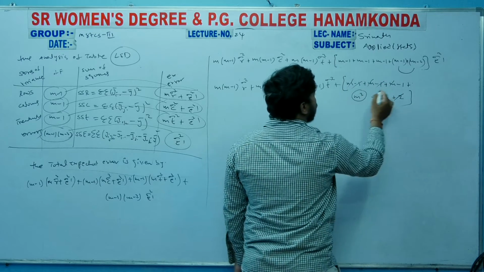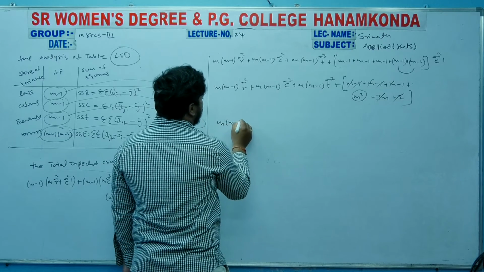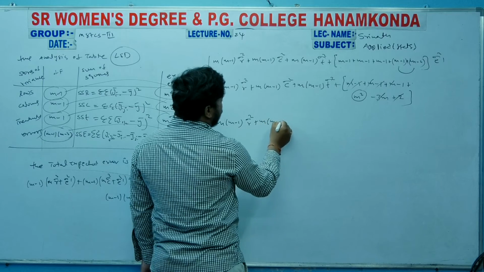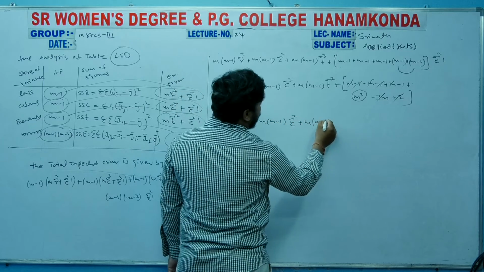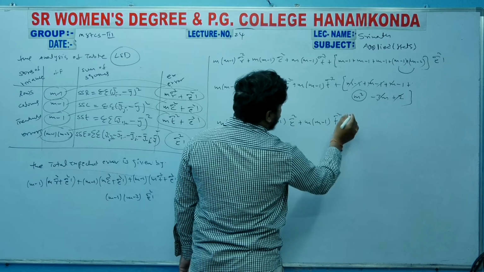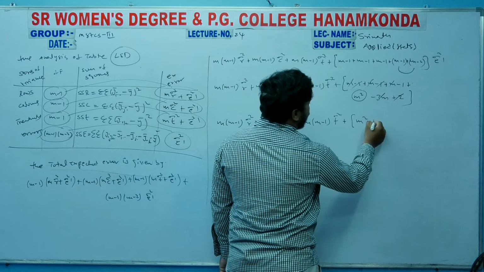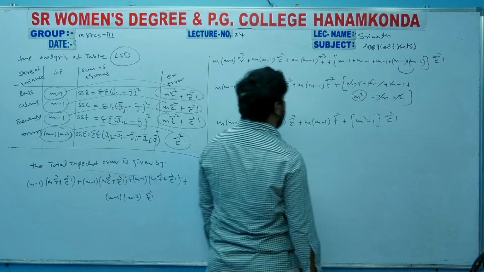Finally m square minus 1 remaining. m into m minus 1 into variance of r plus m into m minus 1 into variance of c plus m into m minus 1 into variance of t plus m square minus 1 is variance of e dash.